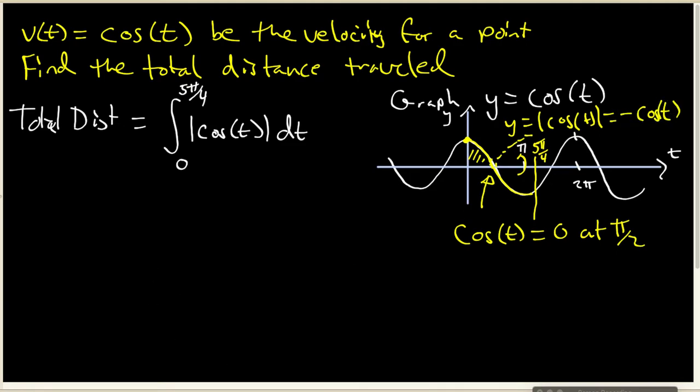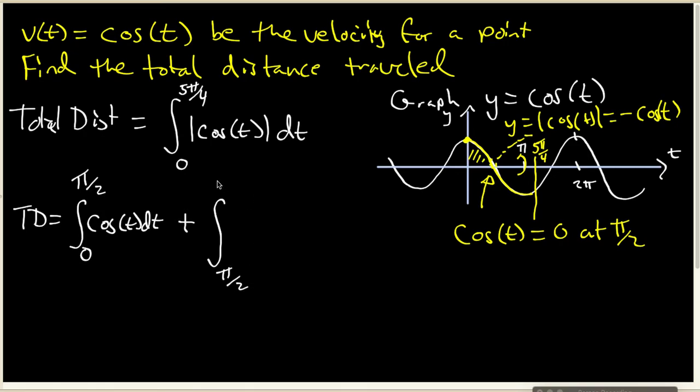In other words, at this point, I want to say that the total distance is going to be the integral between 0 and pi over 2 of cosine of t dt, and I'm going to add to that the integral between pi over 2 and 5 pi over 2 of minus the cosine of t dt, because on this interval minus the cosine will be positive.